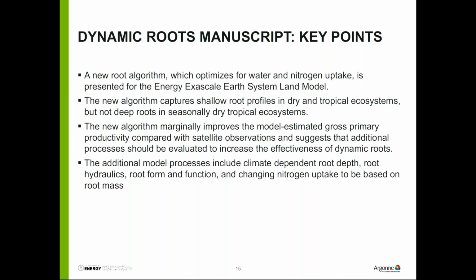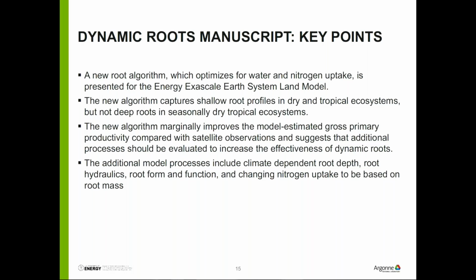And so we marginally improve the gross primary productivity if you compare that with satellite observations. But I think there are additional processes that this paper highlighted that need to be worked on. Some of those are looking at a climate-dependent root depth.